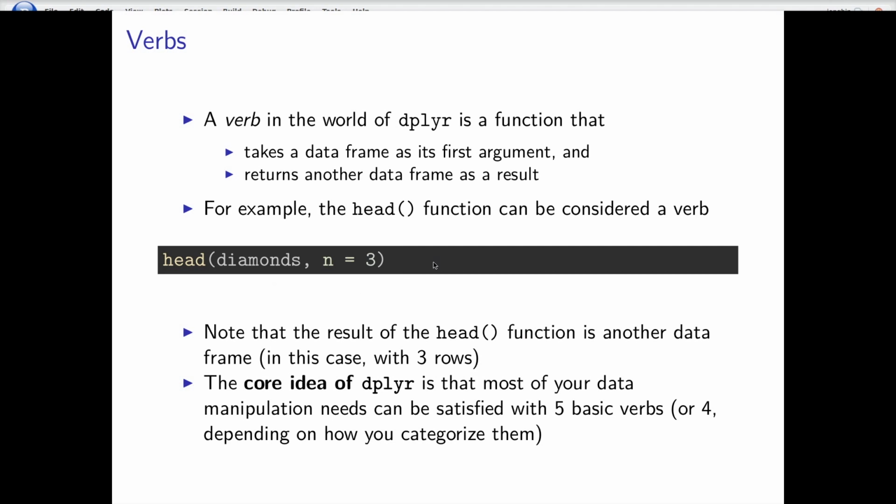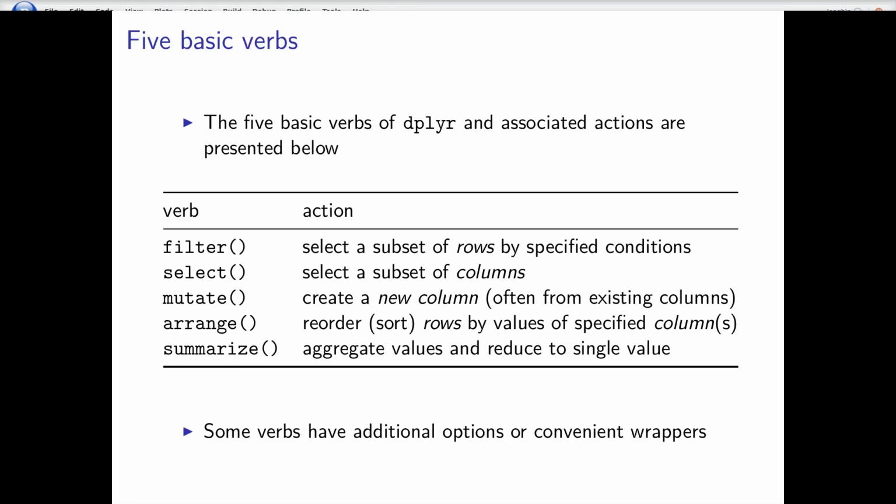One of the core ideas of dplyr is that most of the data manipulation tasks that you face can be satisfied with about 5 basic verbs. And those 5 are, first, selecting a subset of rows that meet some condition.